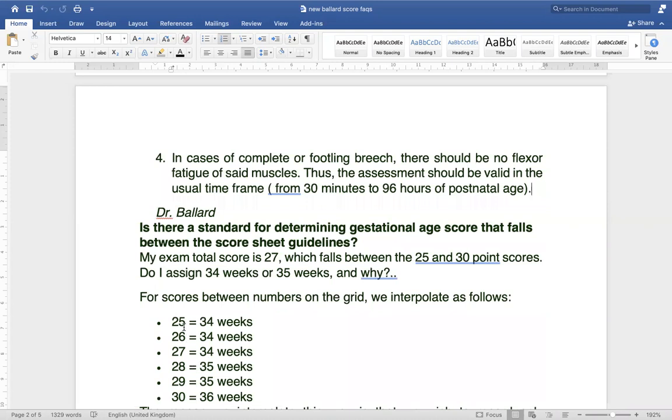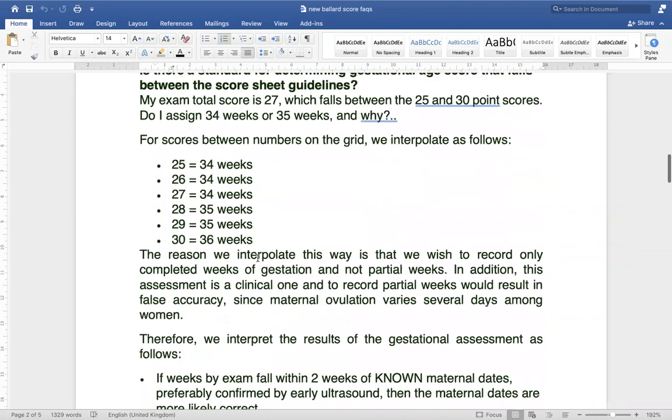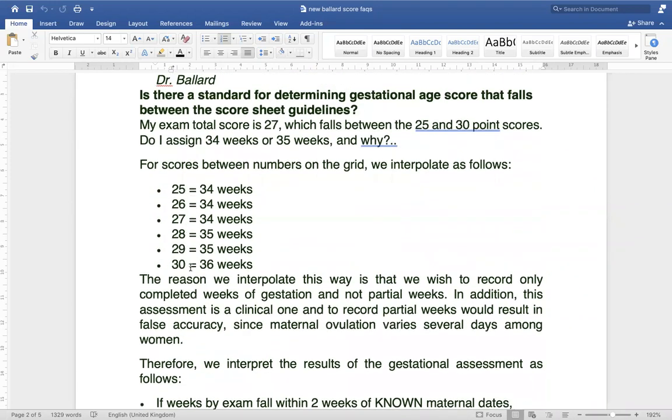Okay. So for example, suppose you get a score of 27, how do you assess the gestational age? You have to remember this. Only the completed weeks you have to assign. For example, a score of 25 is 34 weeks, and a score of 30 is the next, that is 36 weeks. For in-between scores, you give 2 for the previous and 2 for the next.